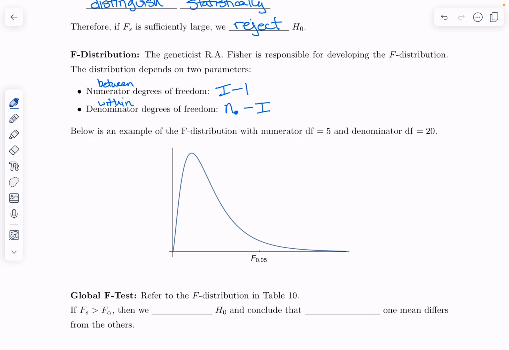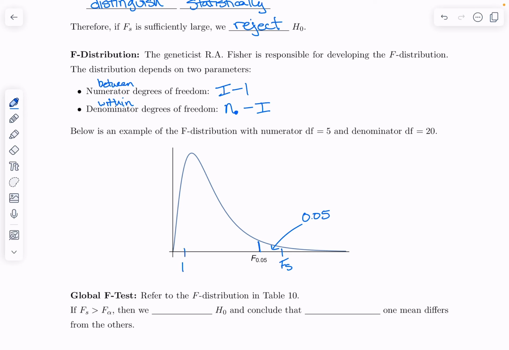Okay, so based on those two parameters, you will have an F distribution. You can see it kind of looks like the chi-square distribution, at least in terms of its shape. Okay, the top 5% is maybe defined by a number F.05 with two different degrees of freedom, saying that the area above that is going to be 5%. Okay, and if our F statistic falls in this area, we're going to reject the null hypothesis.